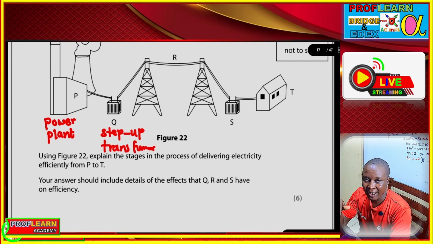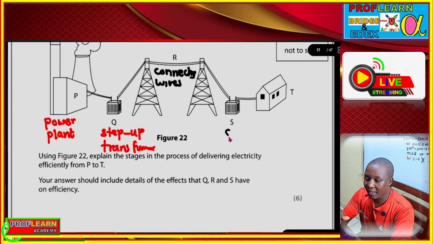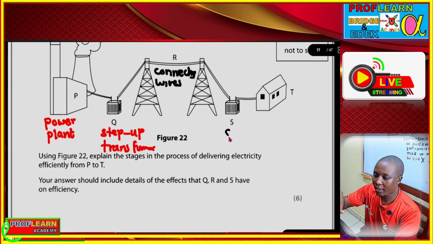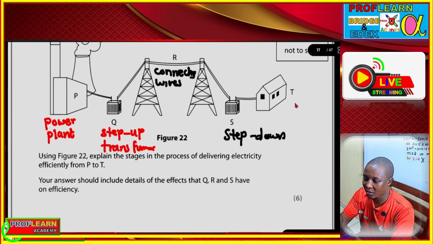Then we have R, the connecting wires made of copper and other materials, which are used to transmit electricity. After electricity has been transmitted through the cables, we have a step-down transformer, which enables the voltage to be stepped down to be used in our homes.